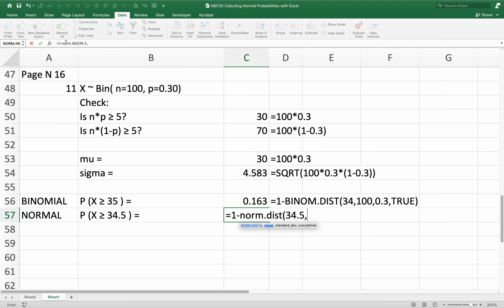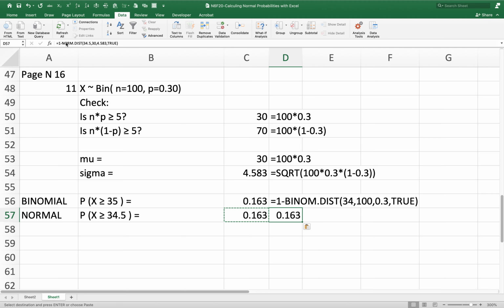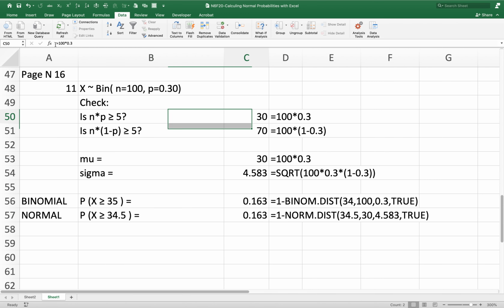So 1 minus norm.dist 34.5, comma, and then the mean, which is 30, and then the standard deviation, which is 4.583. I usually take these to about 3 decimal places, and true. And let's see if we're close. We are really close. So a norm.dist function, when these conditions are met, will give you answers that are really close.